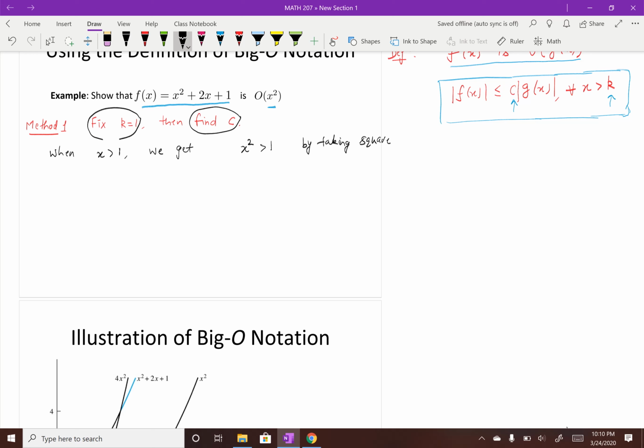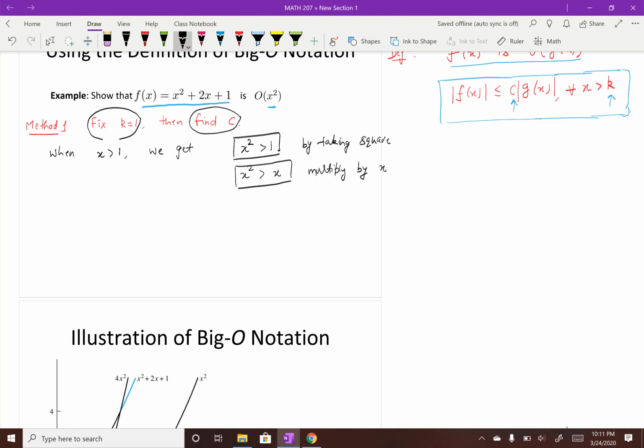If x is greater than 1, we can also conclude that x square is greater than x, by multiplying by x. Okay, so x greater than 1 is going to give you two things. One is x square is greater than 1, and another is x square is greater than x.